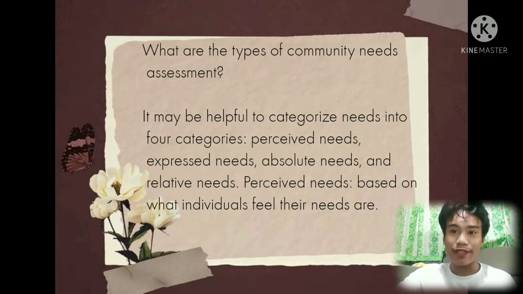There are 4 types of community needs assessment. It may be helpful to categorize needs into 4 categories: perceived needs, expressed needs, absolute needs, and relative needs. Perceived needs are based on what individuals feel their needs are.